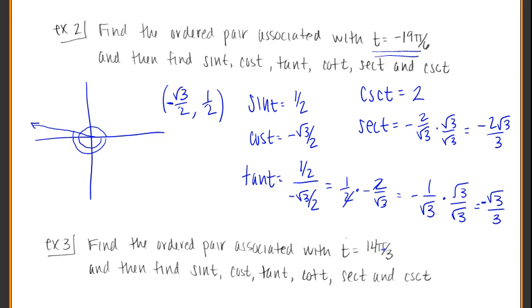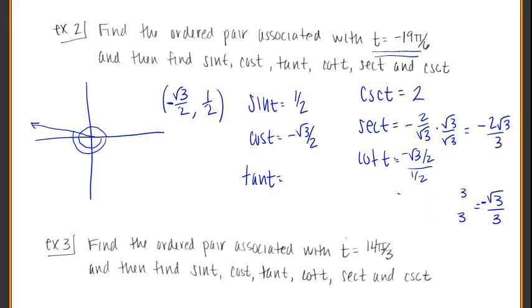And then cotangent, let's write it as, let's say it's our x value divided by our y value. Let me, running out of room just a second, so let's take some of this away so I can get a little bit more room for cotangent.